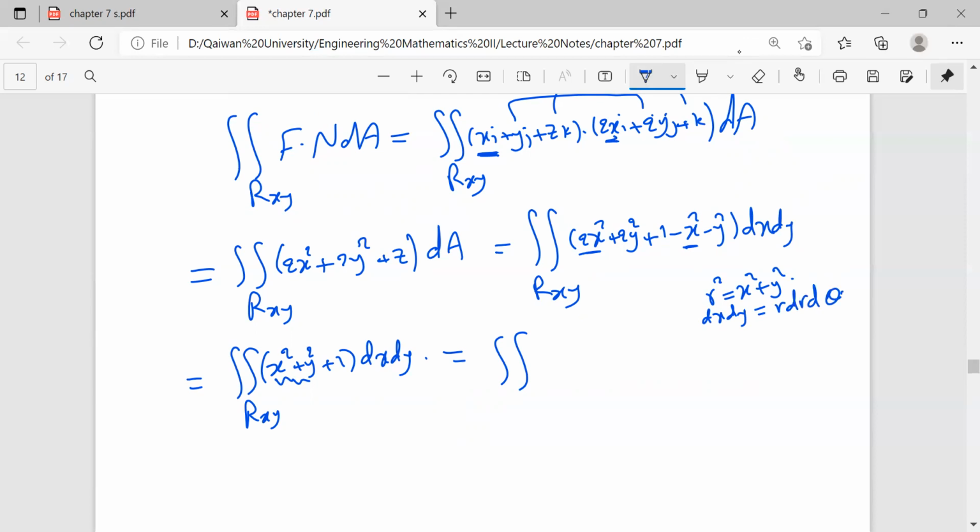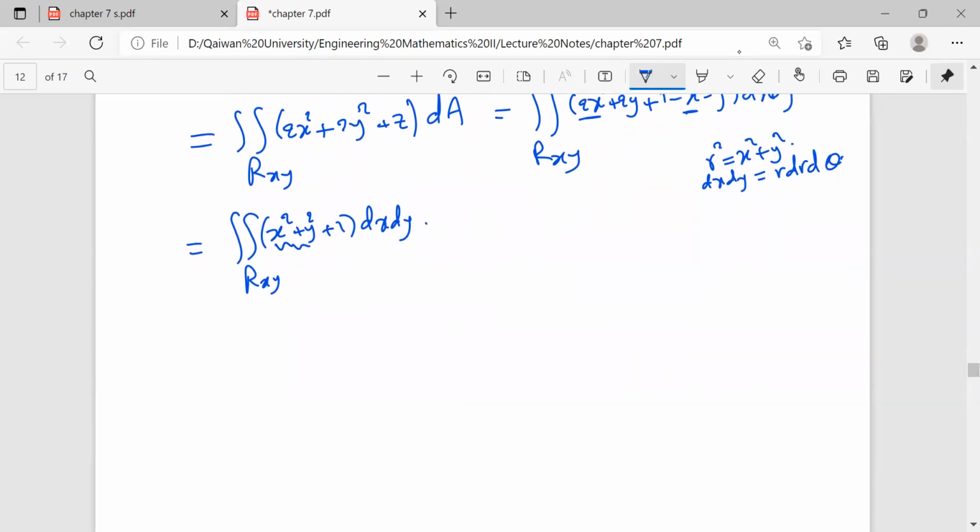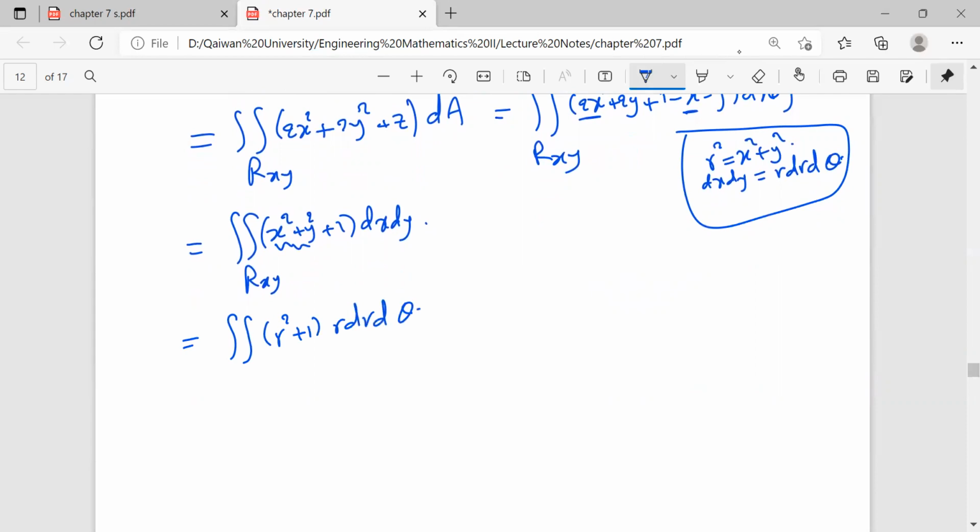Let's first write down the function, then we will write down the limits. This equals the double integration of r squared plus 1, times r dr d theta.